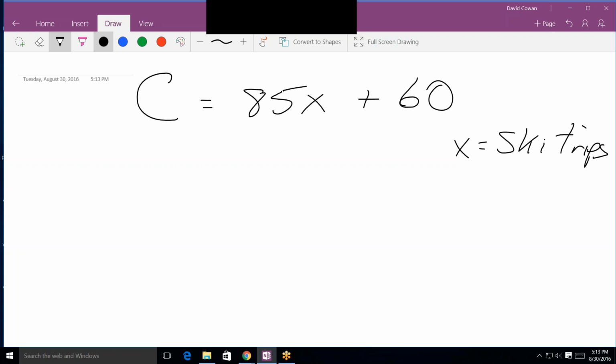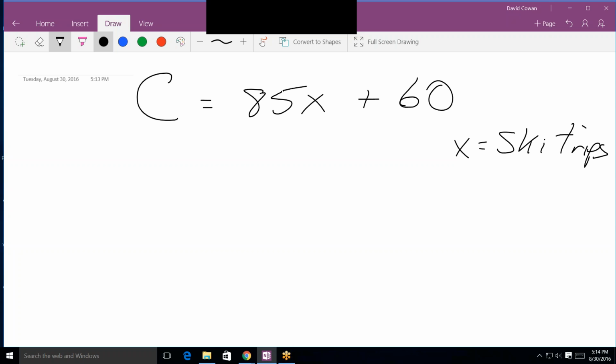Okay. So in other words, if you go skiing once, your cost is $145. If you go skiing twice, it's 170 plus 60, so 230. So that's what they're talking about.